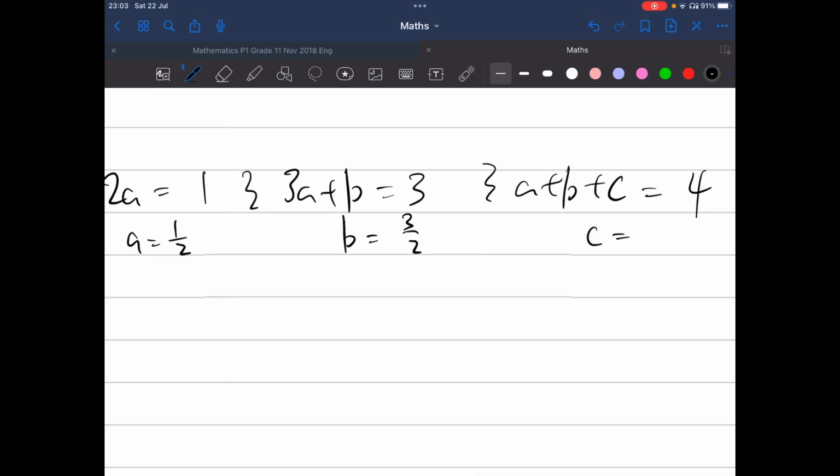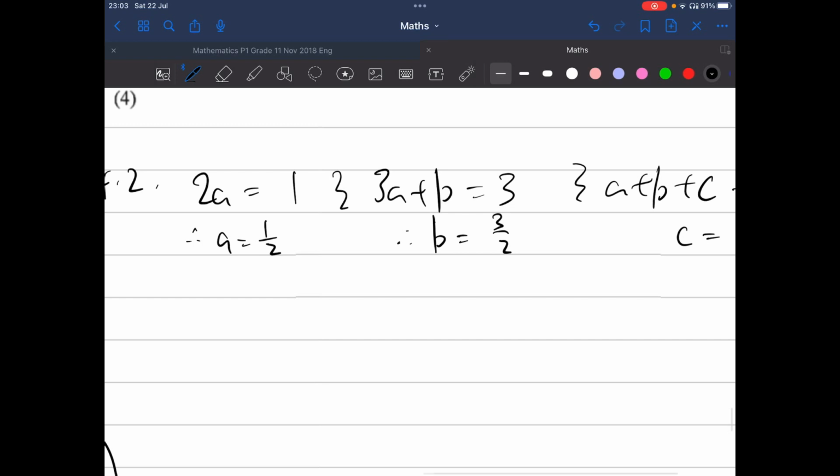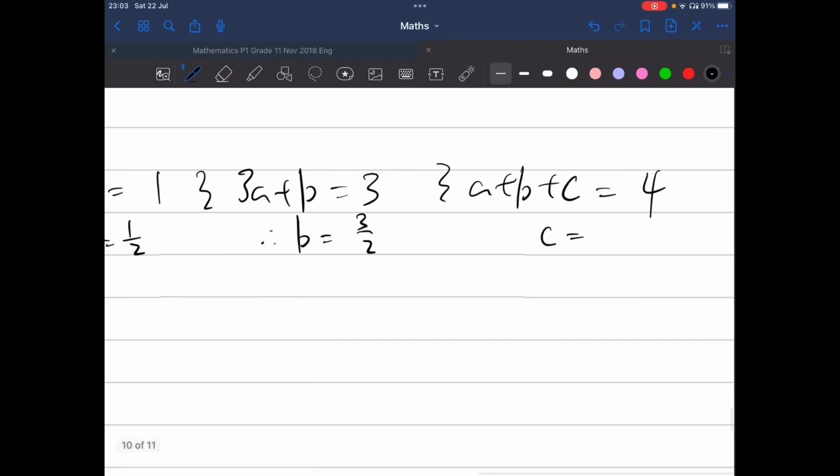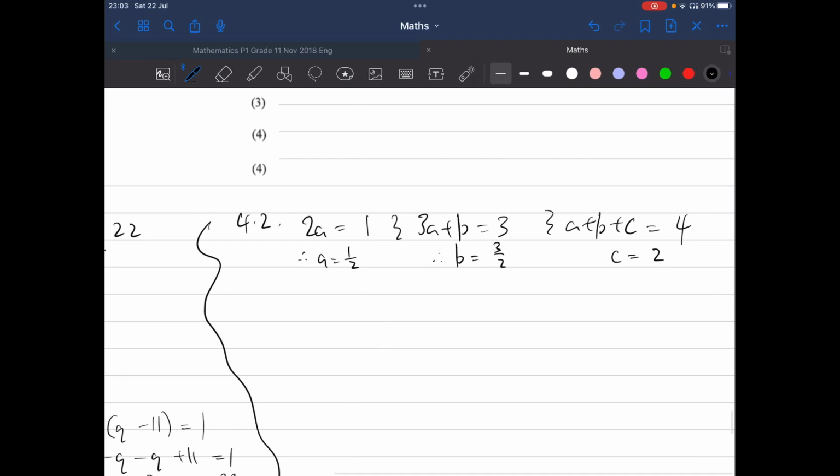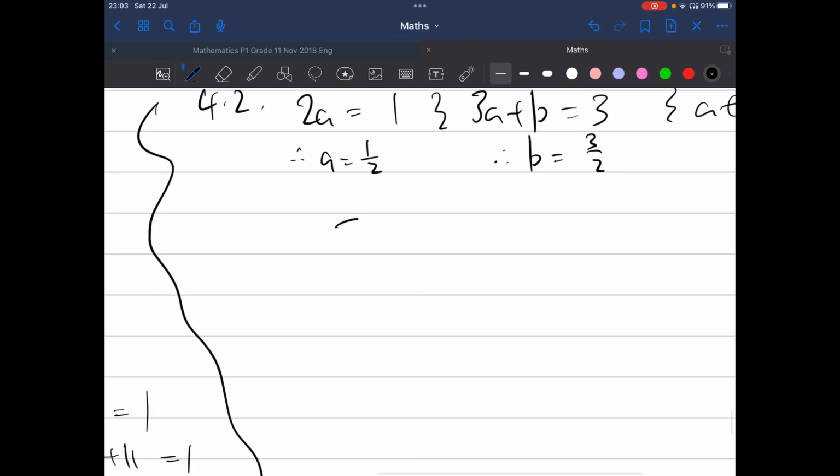So c equals 4 minus 3 over 2 plus 1 over 2, which is 2. Now we can write this: Tn is equal to an squared plus bn plus c, and I can just sub in the values that I calculated.